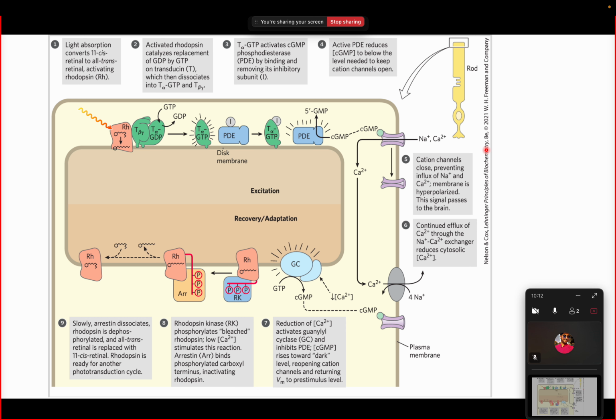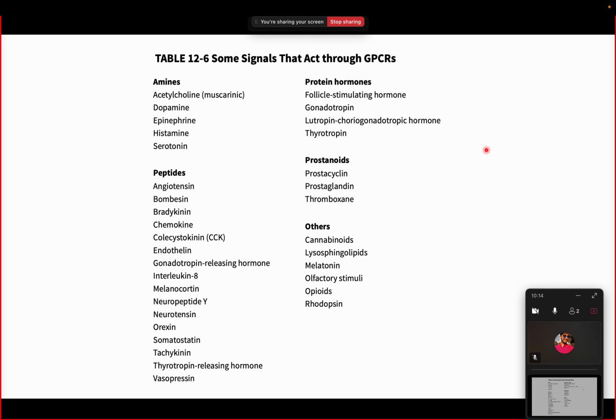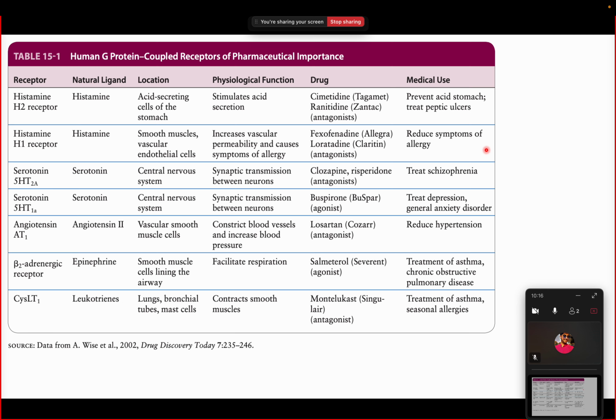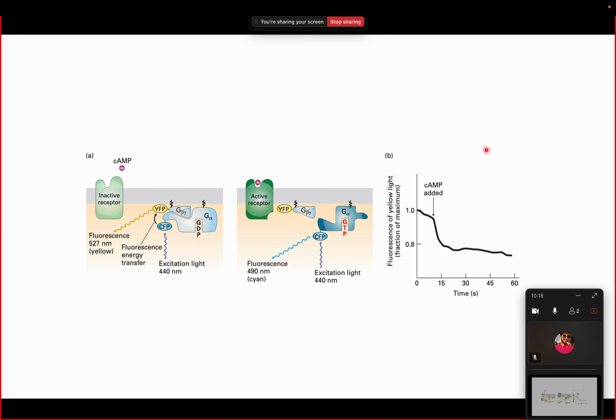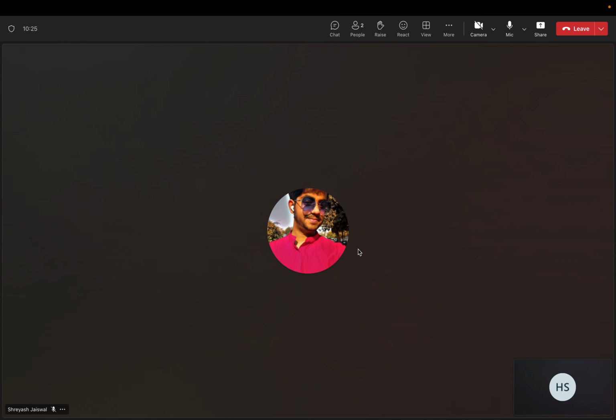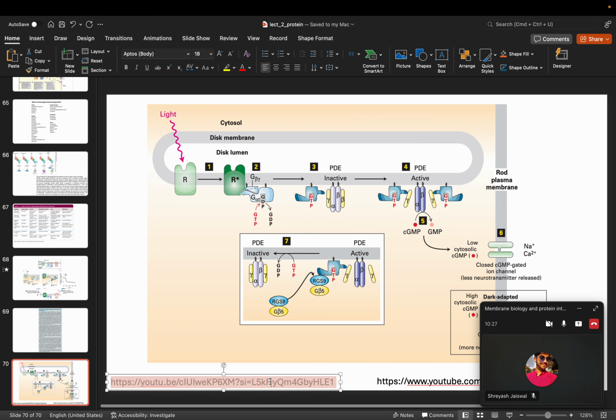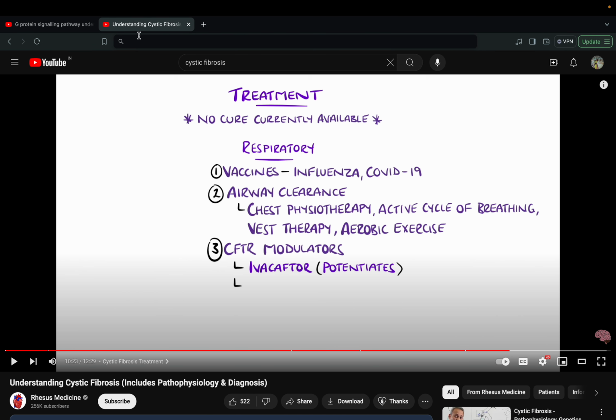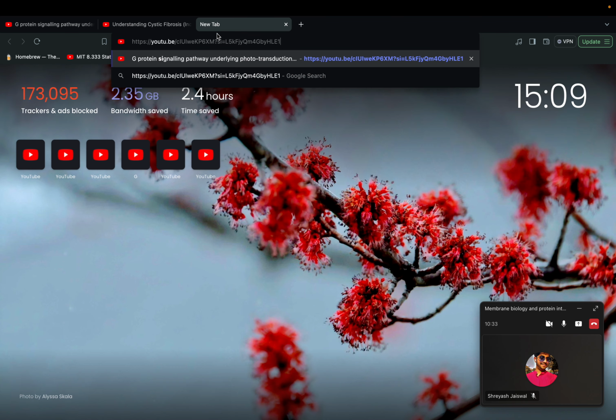It belongs to the GPCR family itself. So first we'll see a brief description about the vision cycle, and then we want to revisit our representative image so that we get a better understanding of it.